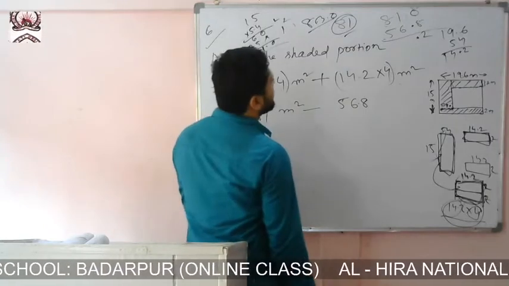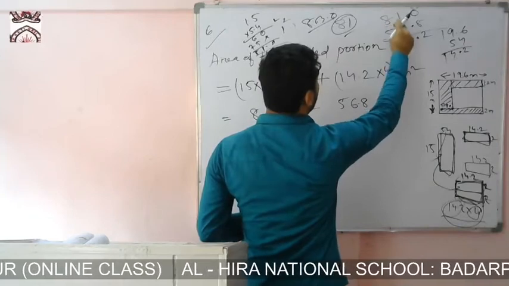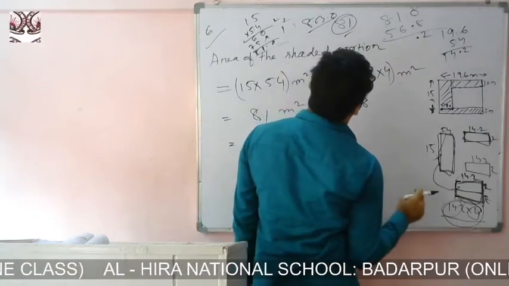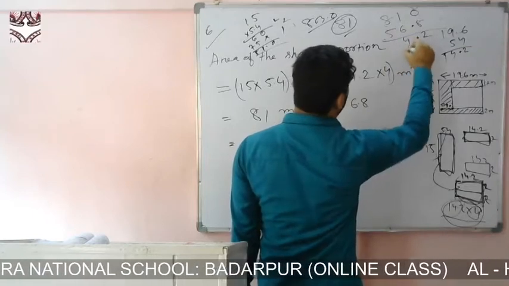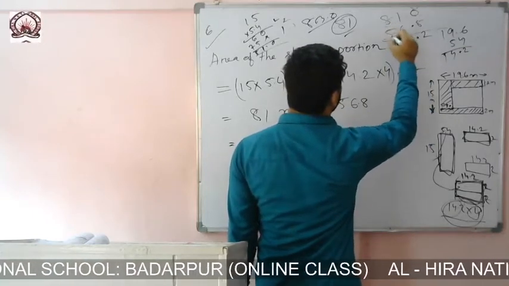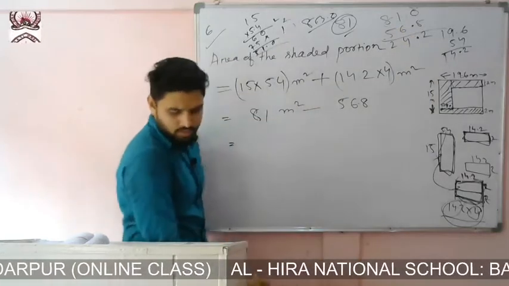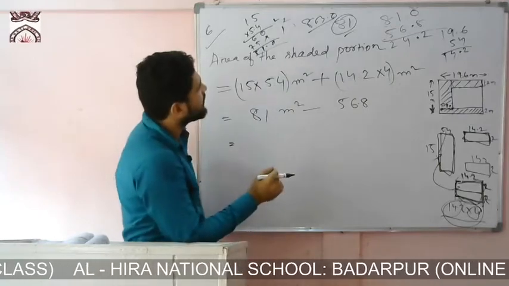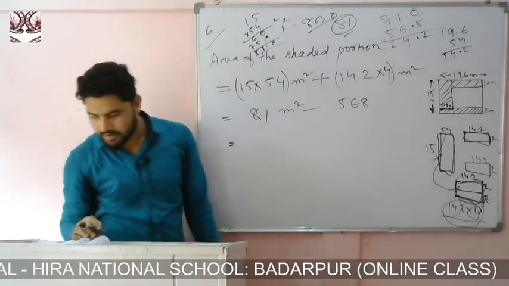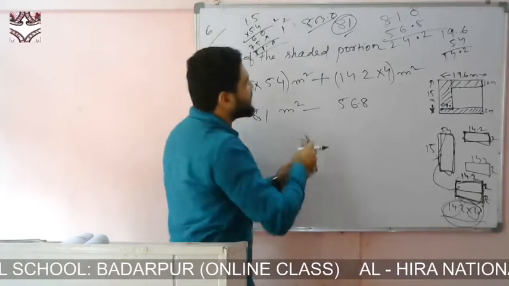Okay, then I will take 10 minus 6, 4. Here remains 7 minus 5, 2. 24.2. That was 81.0 minus 56.8. I think I have made a mistake.